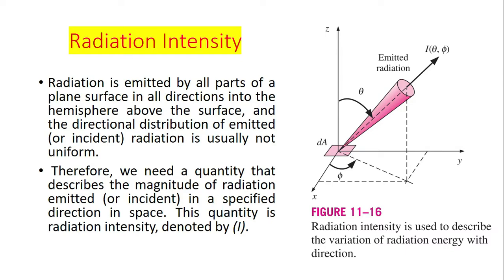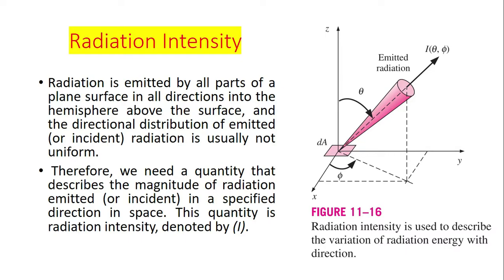So radiation is emitted by all parts of a plane surface in all directions into a hemisphere above the surface from which the radiation is emitting. The directional distribution of emitted radiation is usually not uniform in the case of real surfaces, while in the case of black body radiation the directional distribution of the emitted radiation is uniform.